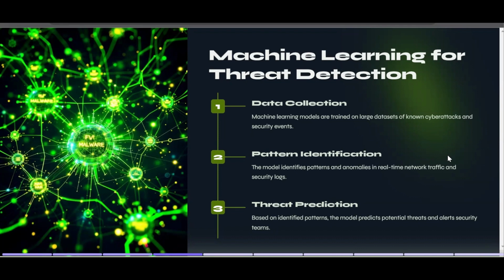So based on those identified patterns, it would predict that it's a potential threat or a security breach or an alert. It would give it to the security teams: look, this is what I have figured out as per my pattern identification or as per my learning.